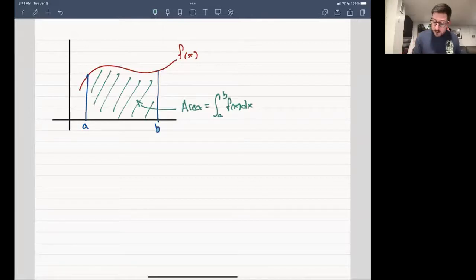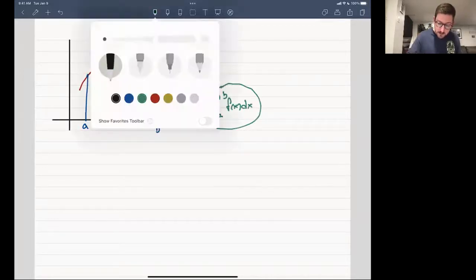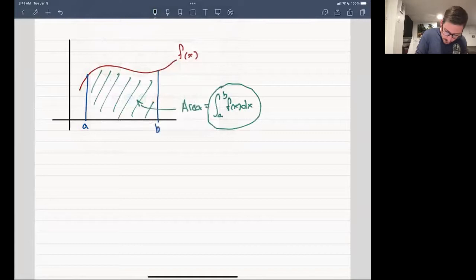But we should interrogate this for a moment. What is it that this actually means, this integral notation? Well, we remember that this comes from a Riemann sum. It comes from putting little rectangles underneath our function and letting the width of these things go to 0 and asking ourselves, what is the limit?